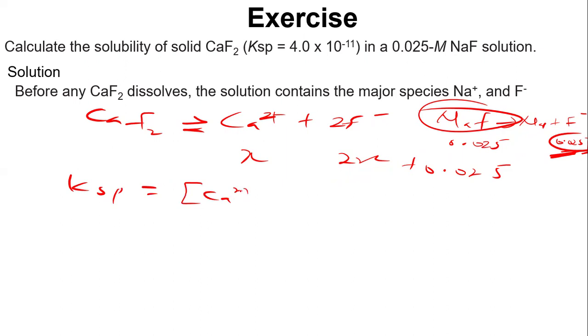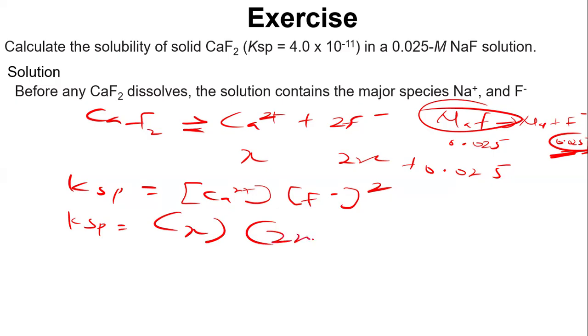Now the KSP expression will be very simple, same as we have been doing. Concentration of calcium, concentration of fluoride, raised to the power 2, right? Now the calcium here would be x, then the fluoride here will be 2x plus 0.025. Now, there's an assumption that we make. The assumption is that the solubility is very small compared to this number.